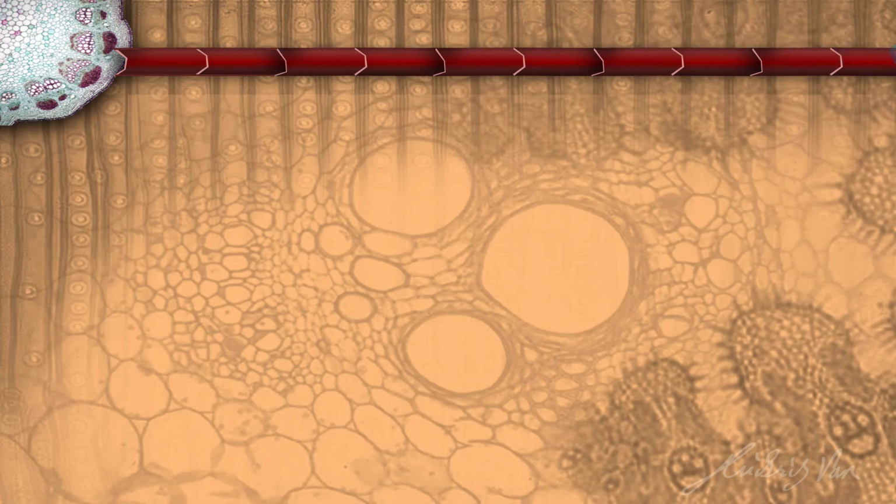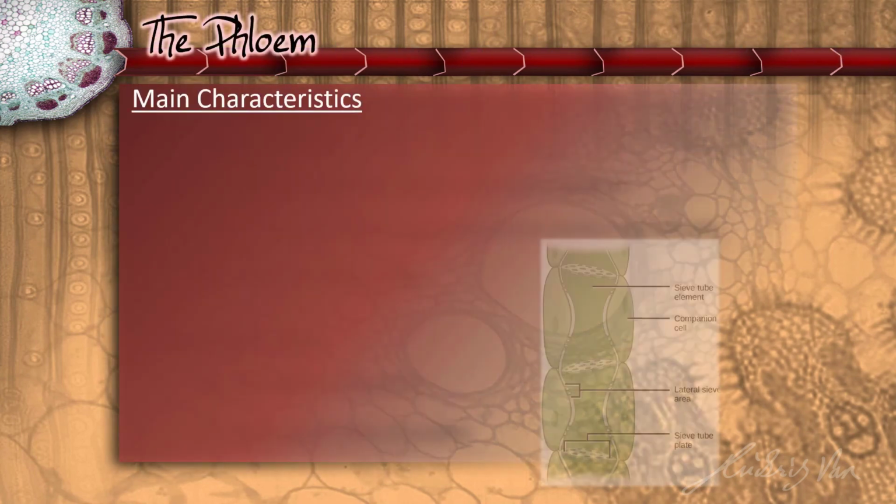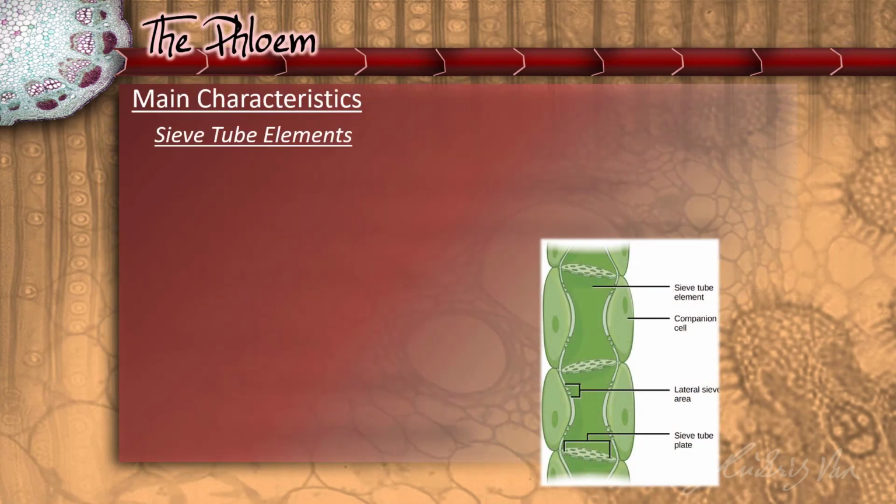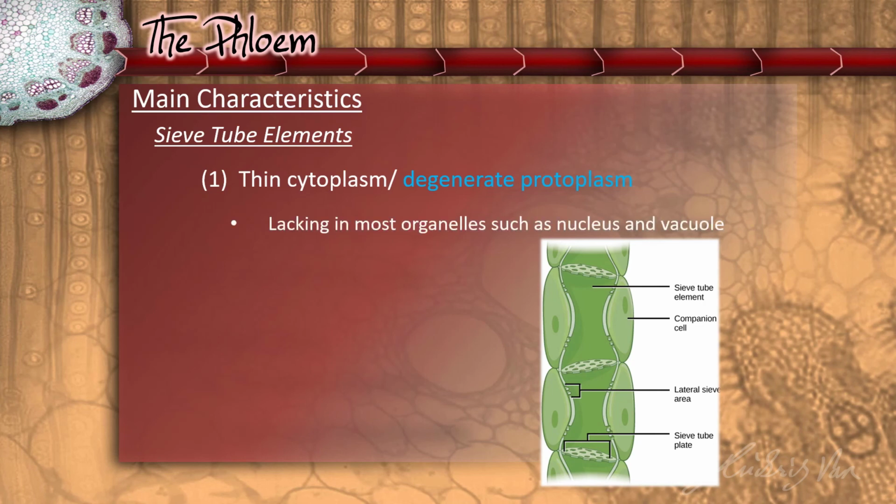So the main characteristic of phloem is that the sieve tube elements have very little cytoplasm. They lack most organelles such as the nucleus as well as the vacuole. You can see that it's really hollow down there in the diagram below.